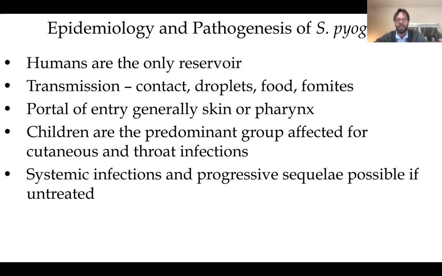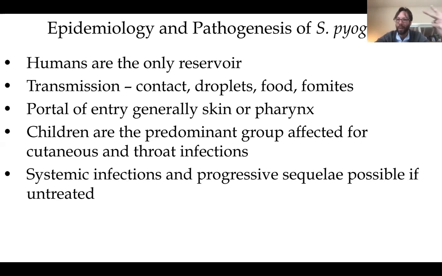Children are the ones that are most affected by this kind of infection because they're the ones that are licking the doorknobs, right? They're the ones that are touching things and then sticking their finger in their nose or their mouth. So they're much more susceptible. One, because their immune system isn't as developed.